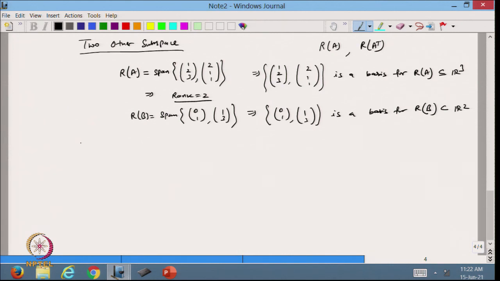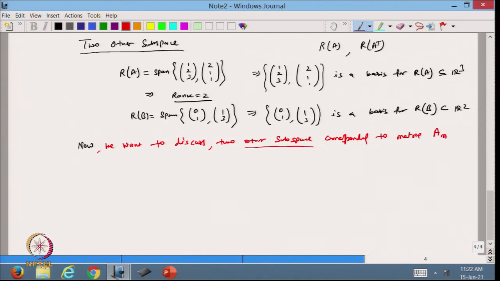Now, after discussing this, we want to discuss two other subspaces corresponding to the matrix A, which is M cross N. The first one is the null space of A, and the second one is the null space of A transpose, because whenever we have A, its transpose is always there.